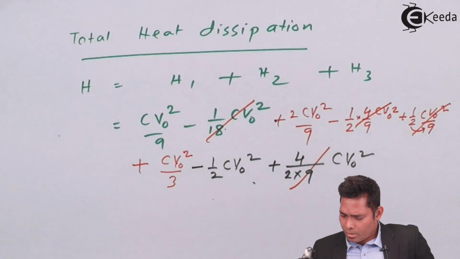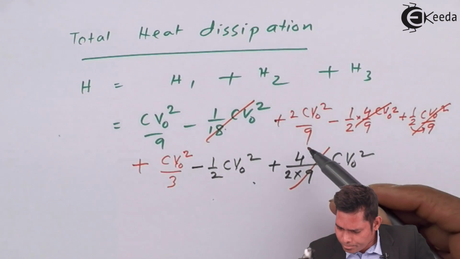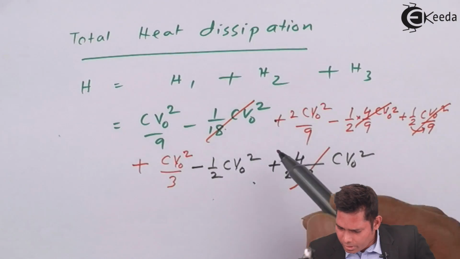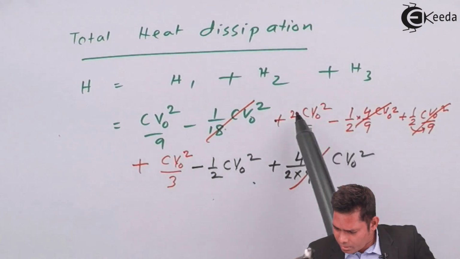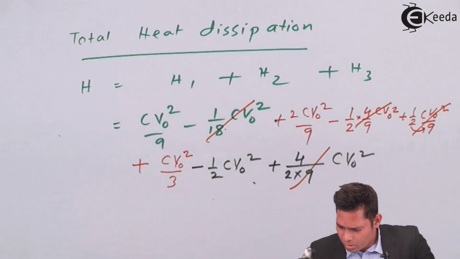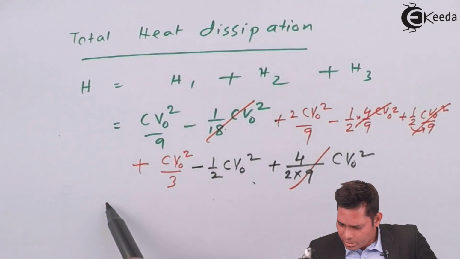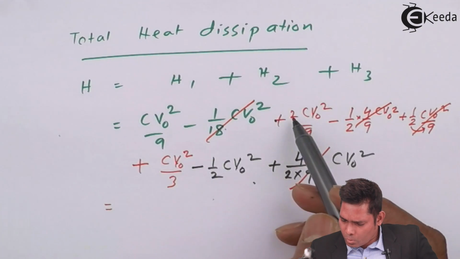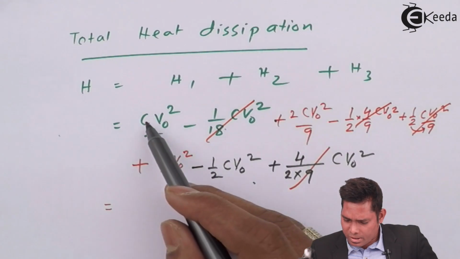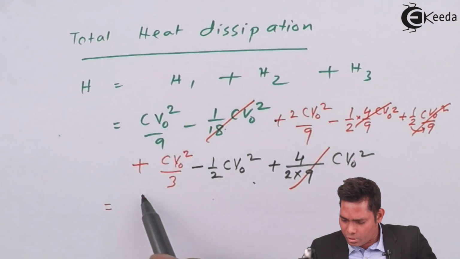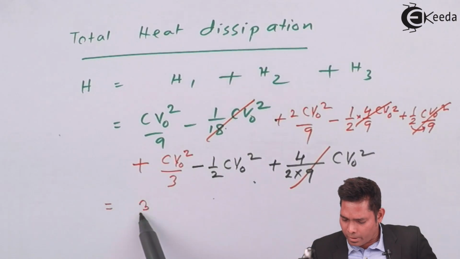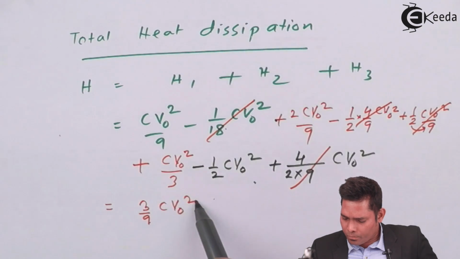Now what is left is 1, 2, 3 and 4. So let us see how much it is. This is 2 by 9 CV naught square and this is 1 by 9 CV naught square. So it is 3 by 9 CV naught square. These two terms will give you 3 by 9 CV naught square.